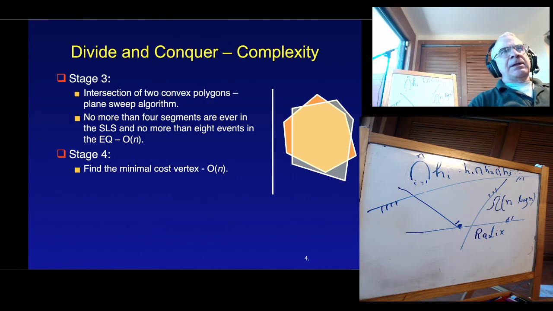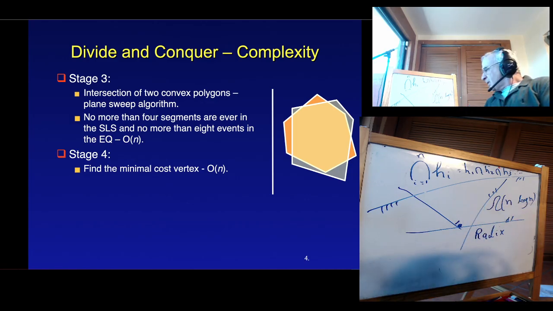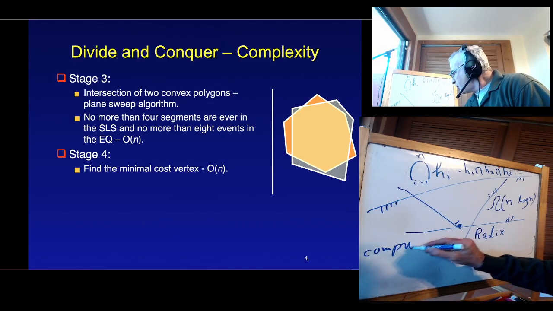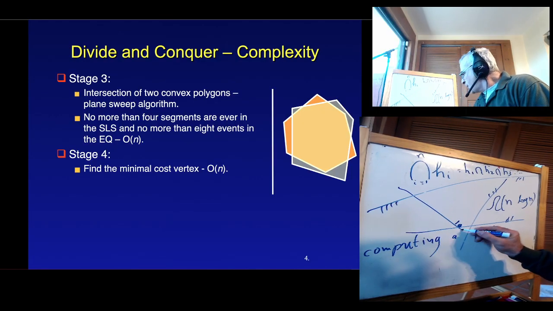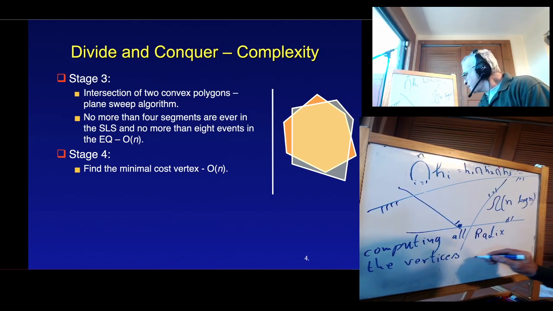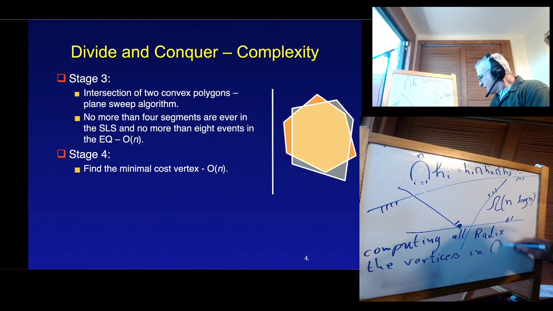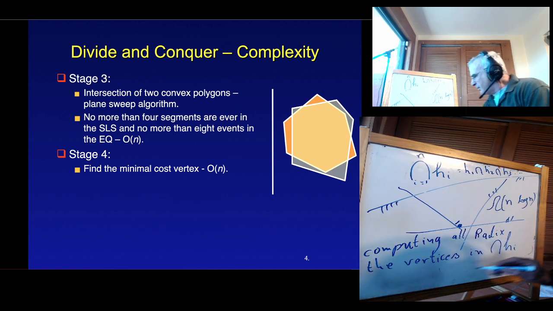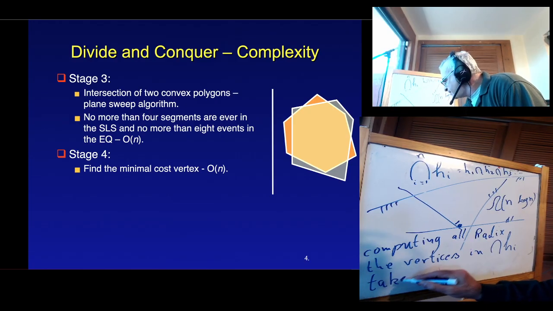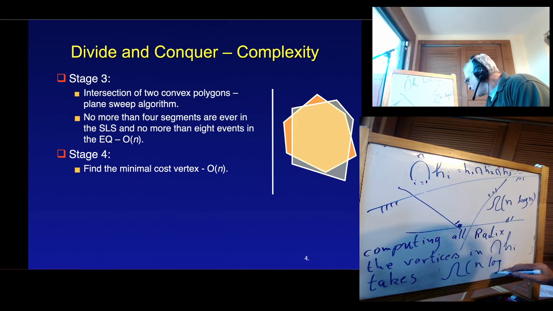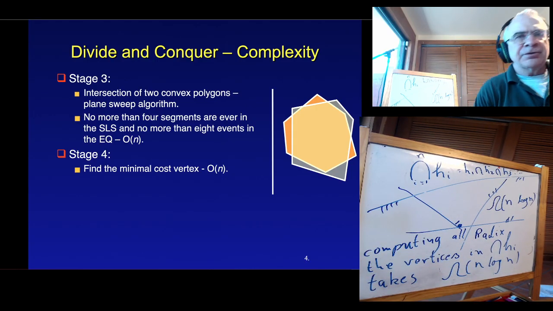So what's the conclusion so far? That if I want to compute C exactly, or compute all the vertices in this intersection of H_i, the feasible region, it takes omega of n log n, because you can sort.